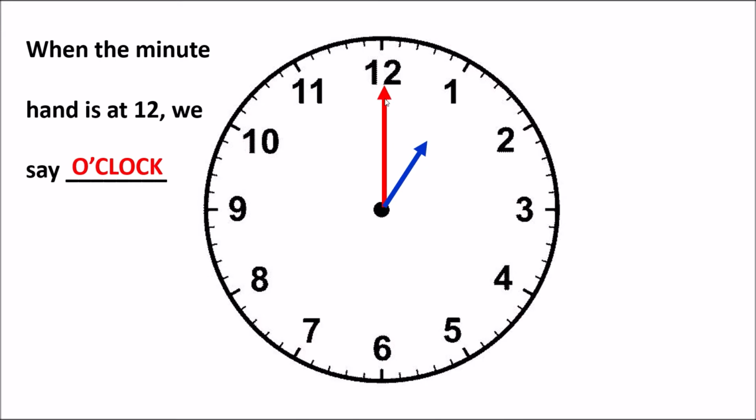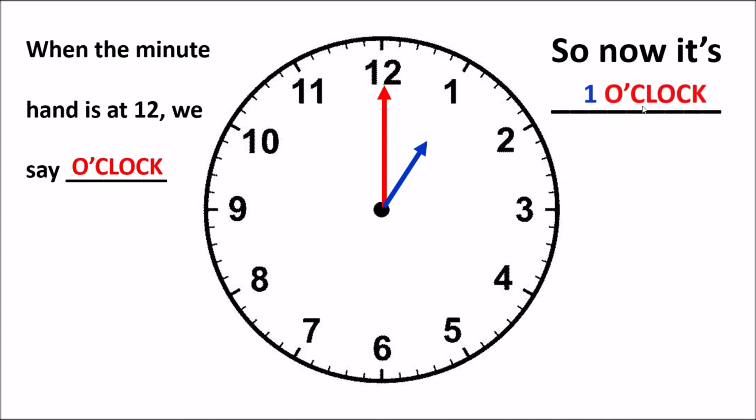Whenever the minute hand is here, we use the word o'clock. So right now, what is the time on this clock? The hour hand is pointing at 1, so it will be 1 o'clock.